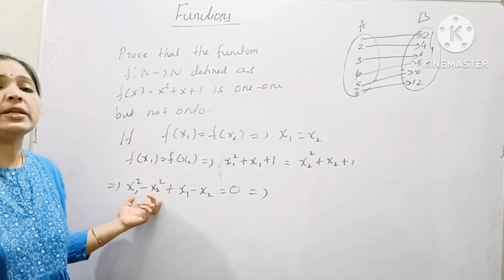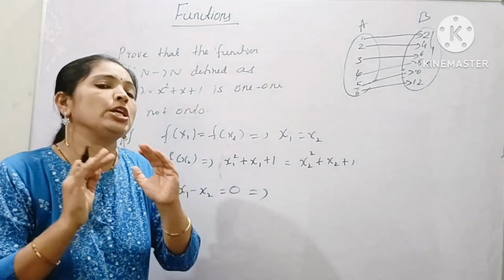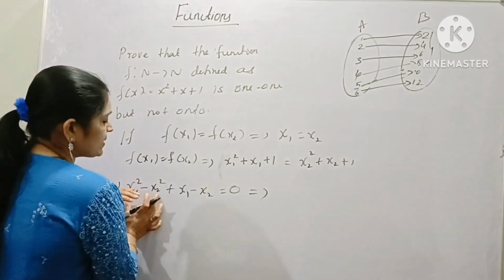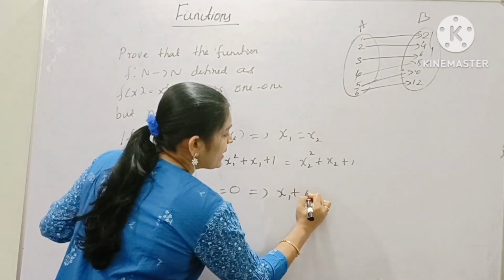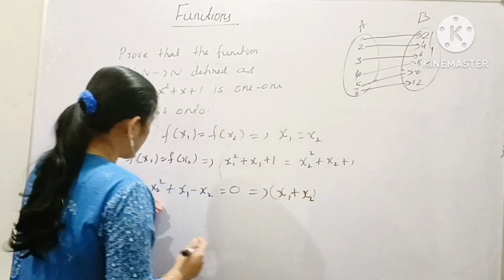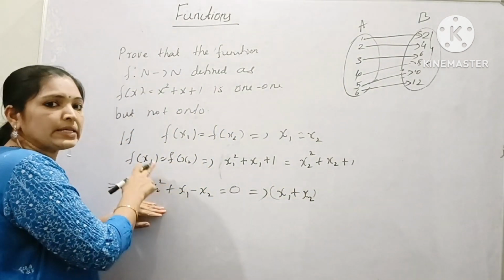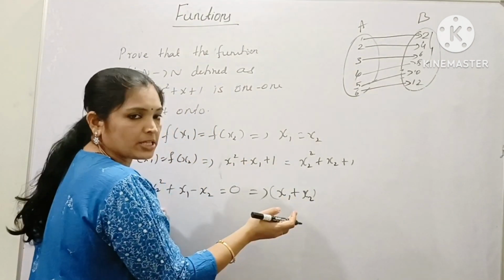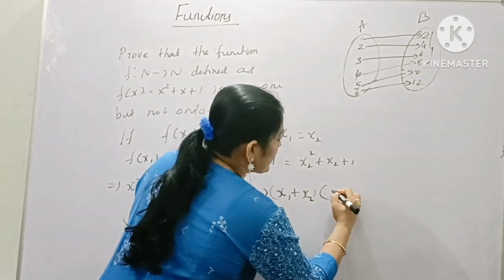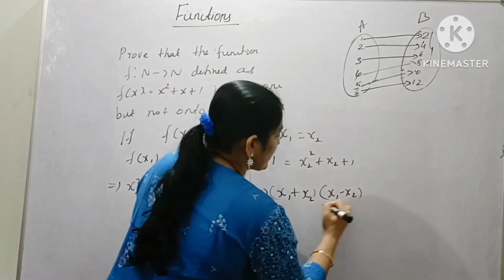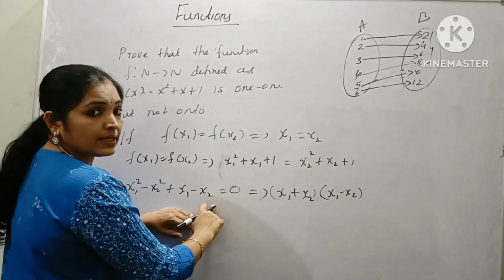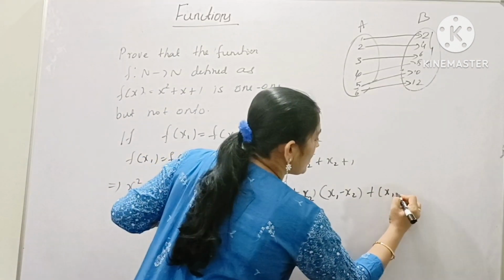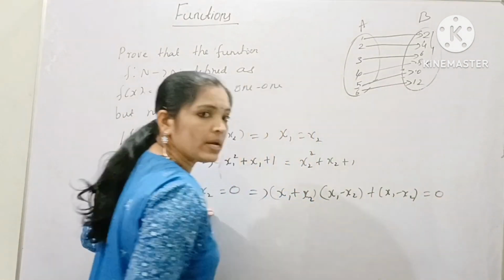We have a square minus b square is nothing but a plus b into a minus b. So we can write x1 plus x2 into x1 minus x2, plus x1 minus x2, that is equal to 0.